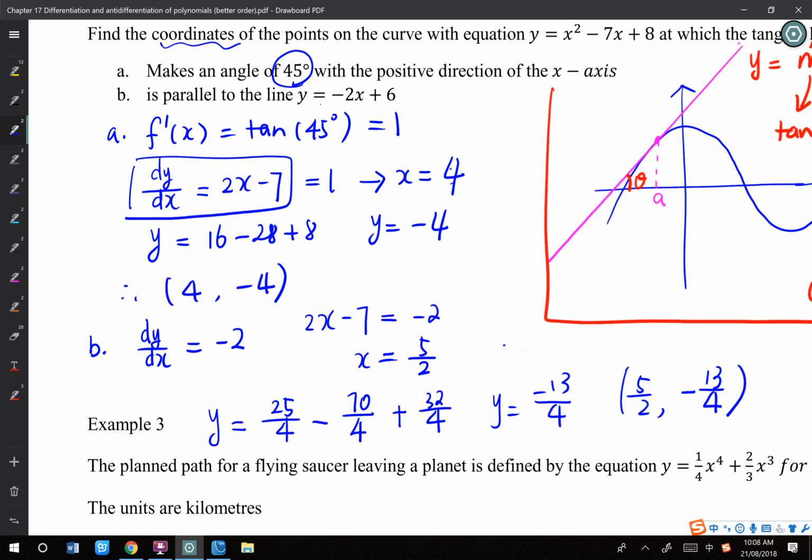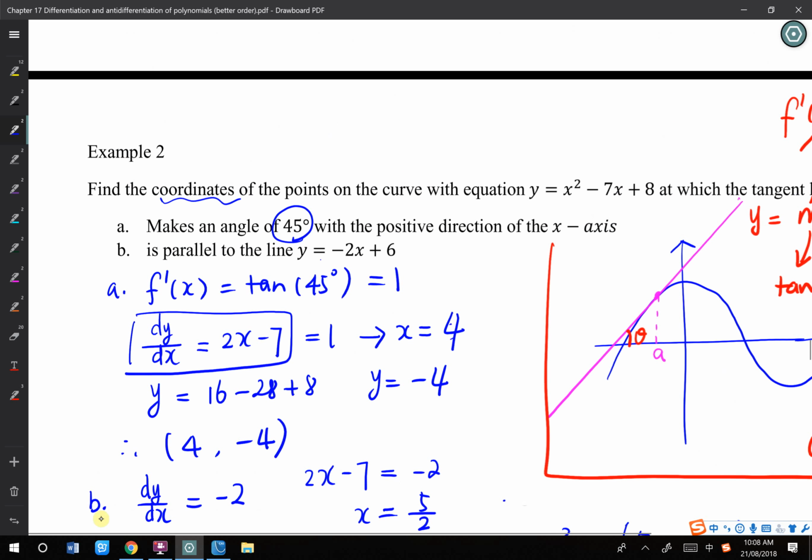Why do I need to do this? Because it's talking about the tangent. It's nothing to do with the graph itself. We have a graph, and I'm talking about the tangent at each point.